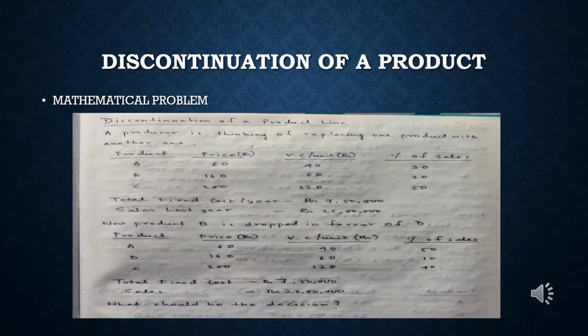From the actual column, you will see that product B is being dropped in favor of product D. So the newer price, the newer variable cost and the newer percentage of sales have been mentioned to us, whereas we find a slight change in the sales, which rises from 25 lakh last year to 26 lakh this year, and most importantly the fixed cost does not change.